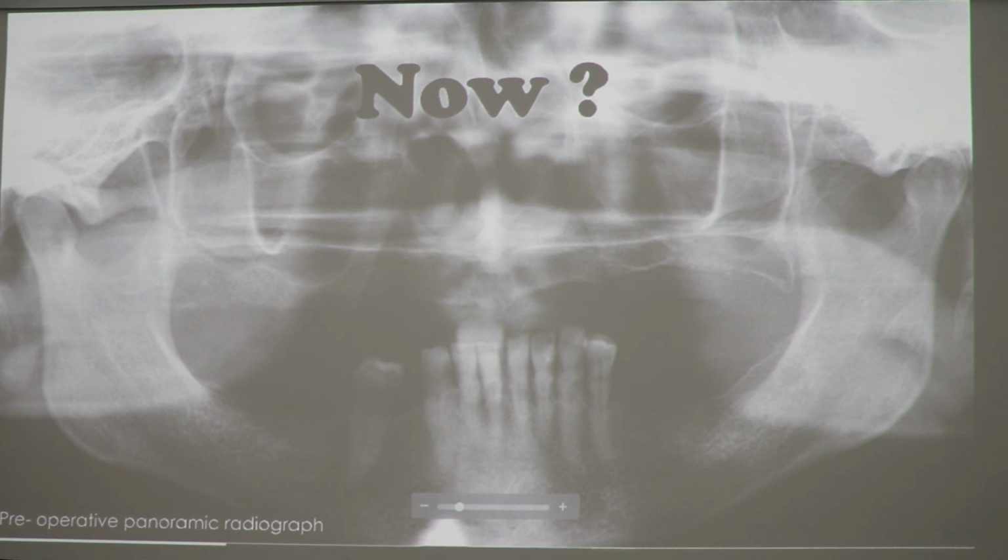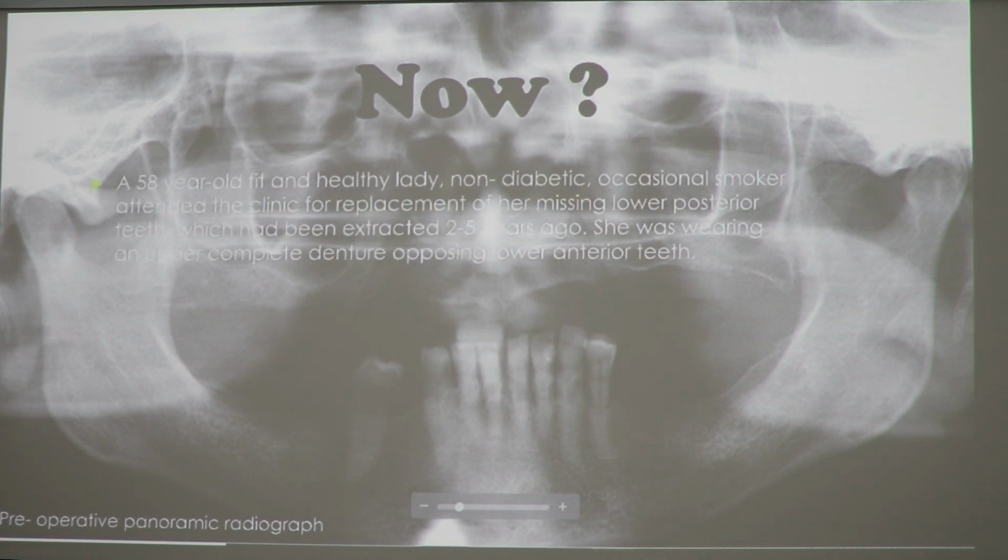Hopefully. Alright, so now the question is, you look at this panoramic X-ray. You should select the abutment now. From now on, the abutment gets decided even from the panoramic, right?